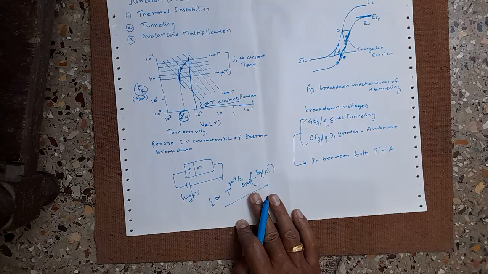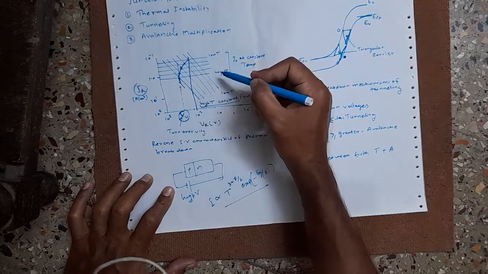Thermal instability is very important in small band gap semiconductors, but at very low temperatures it becomes less important compared with the other mechanism.